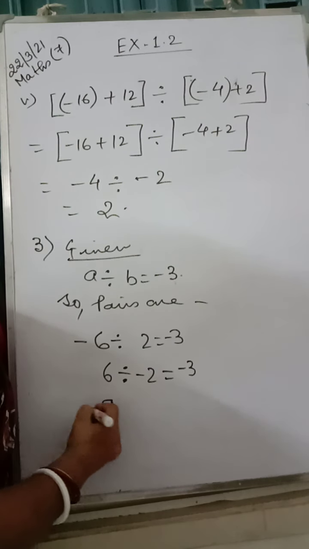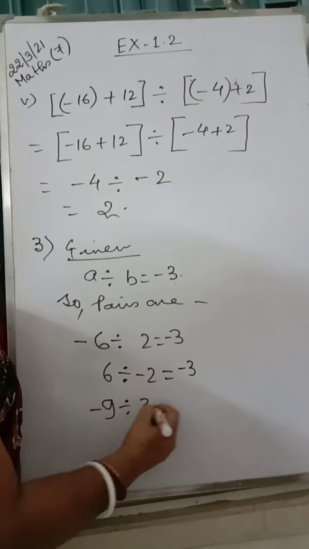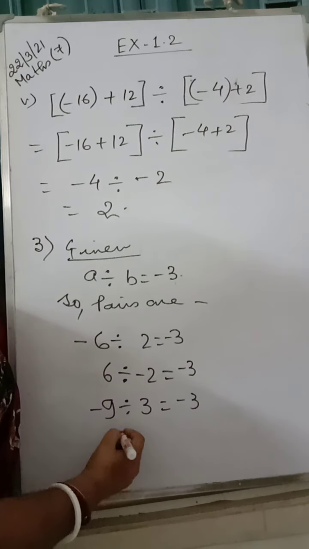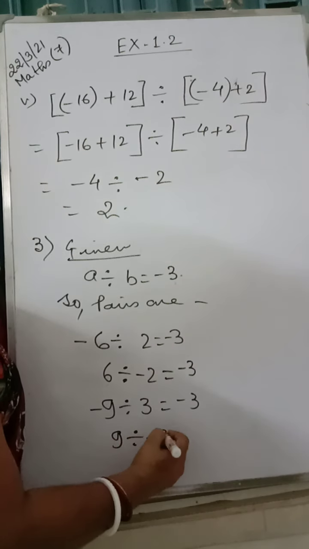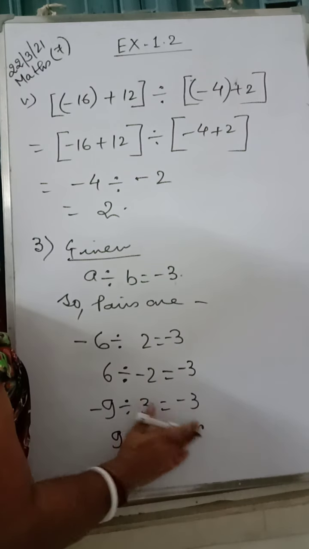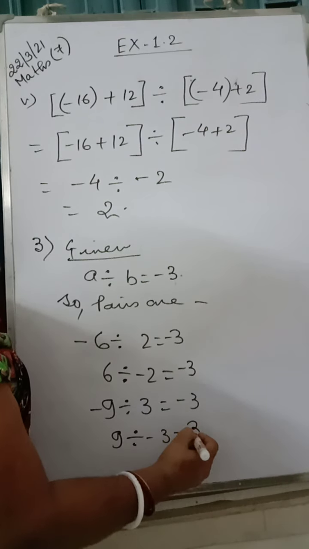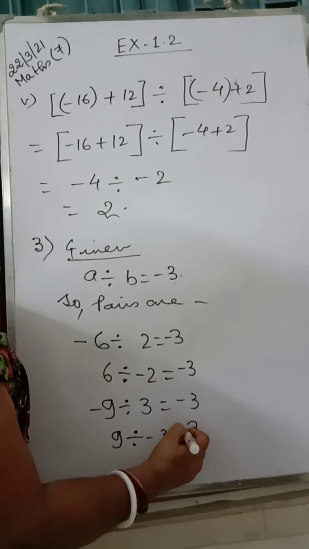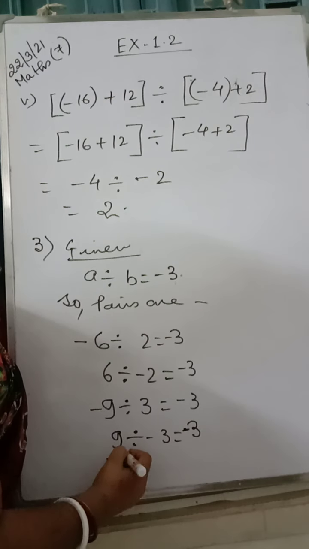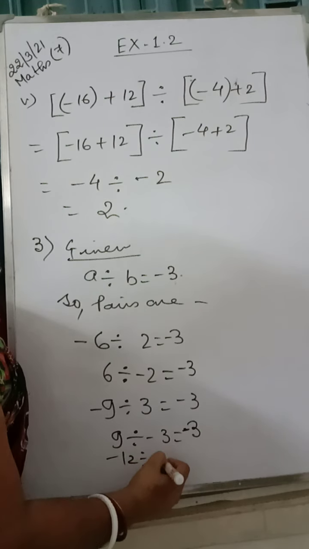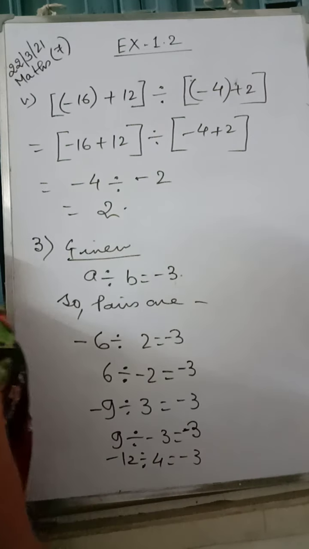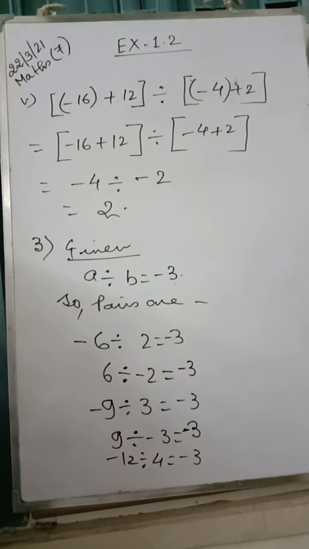Now minus 9 divided by 3 is minus 3, and 9 divided by minus 3 is minus 3, or minus 12 divided by 4 is also minus 3. It can be other than this also. It doesn't matter that you have to write this only, okay?